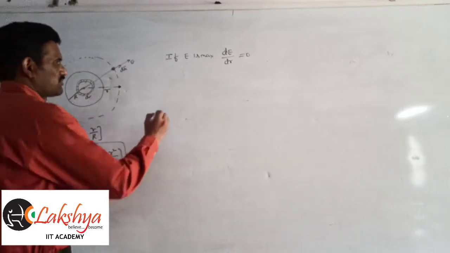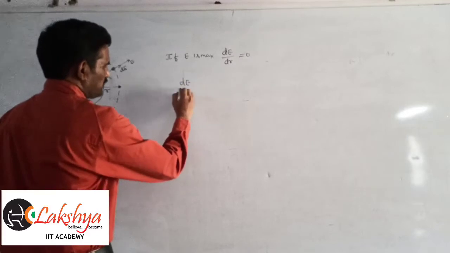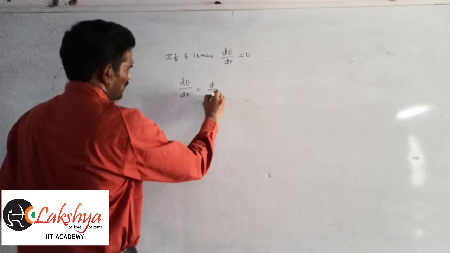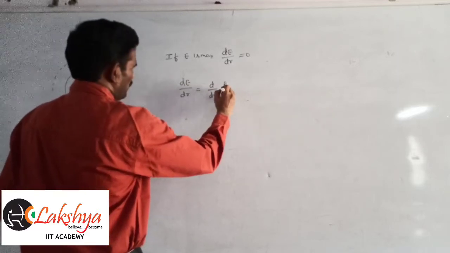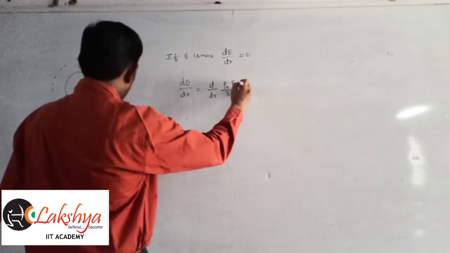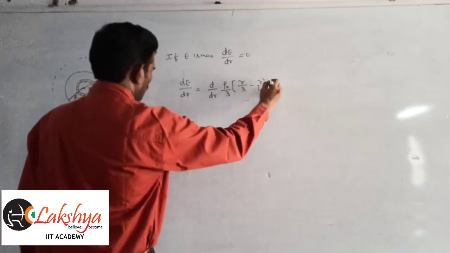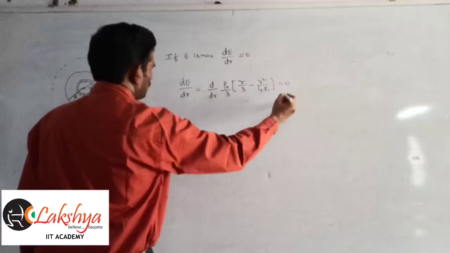So I am going to differentiate this inside expression here. d by dr of rho naught by epsilon naught into (r by 3 minus r square by 4R) is equal to 0.